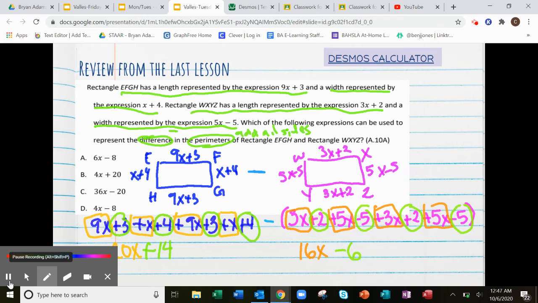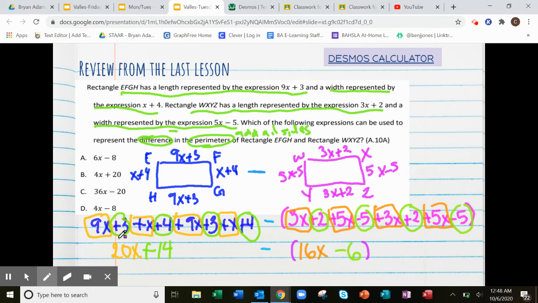Now that I have those two rectangles simplified, I'm going to do like I was just doing here. I'm going to make sure I keep those parentheses there. We're almost done, guys.